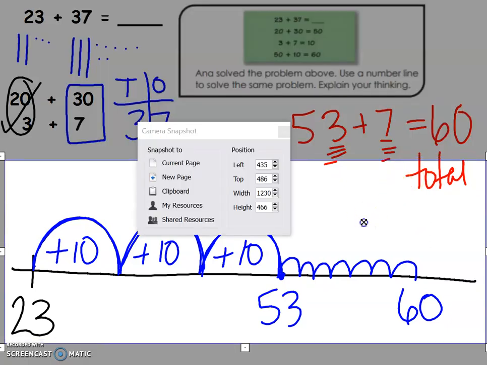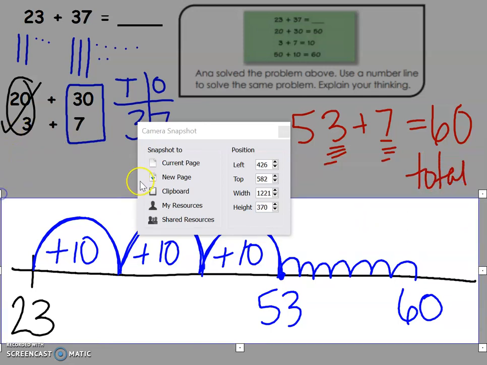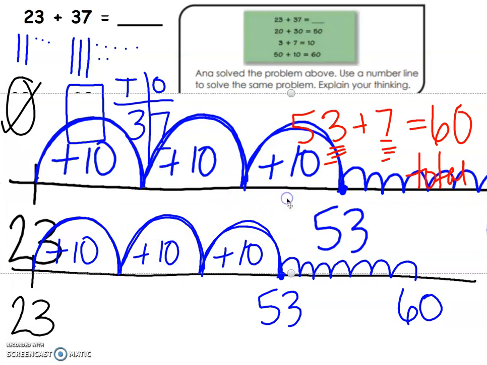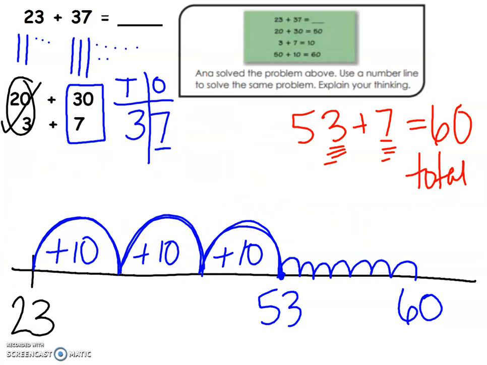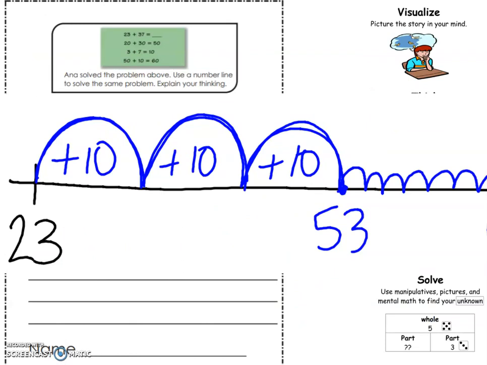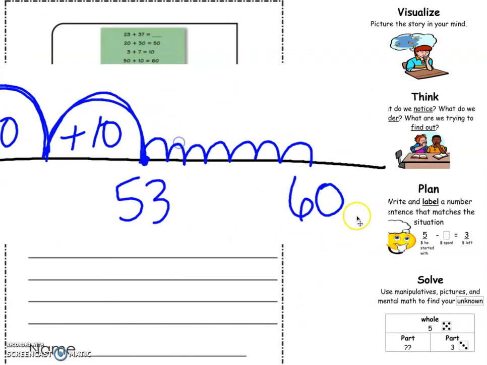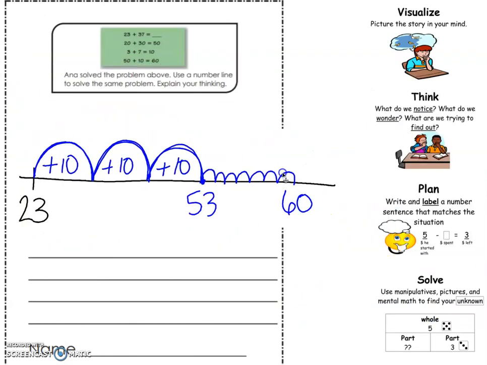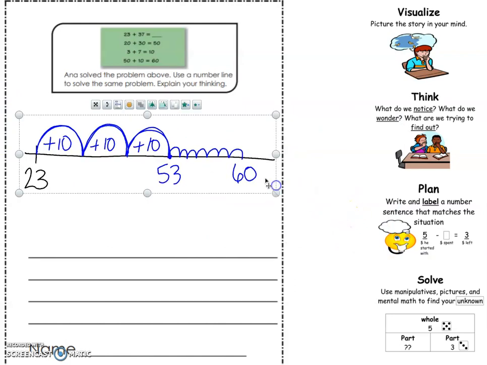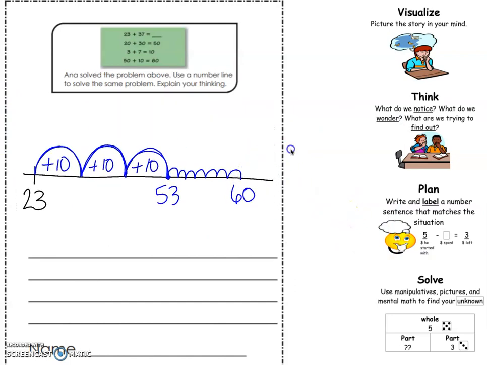So what I am going to do actually is I'm going to go ahead and take a picture of what we did because we are going to need to put this in our thinking, okay? So we can explain it. So we're going to put this on our journal prompt and we're going to use this to help us explain what we did.